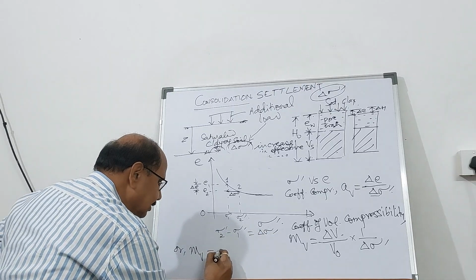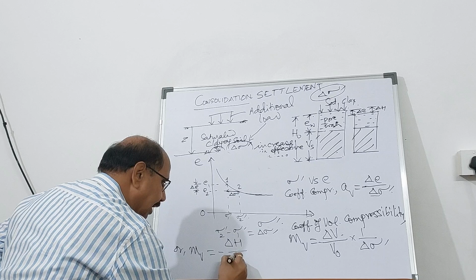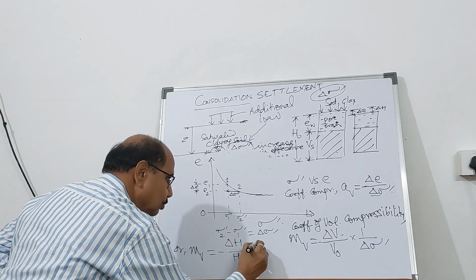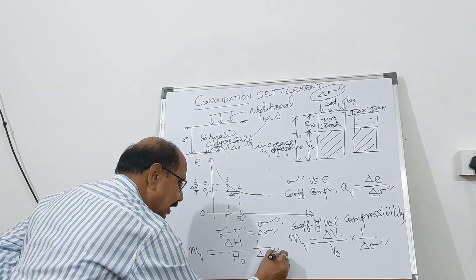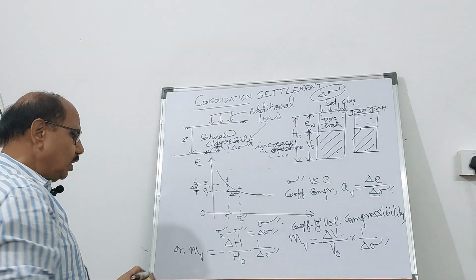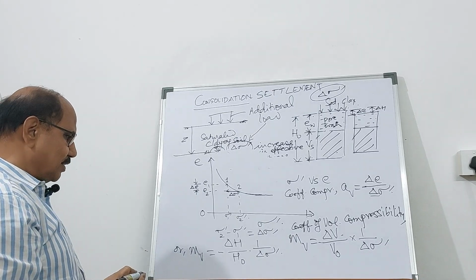So we can write it as minus delta H divided by H naught into 1 upon delta sigma prime. This is called the coefficient of volume compressibility.